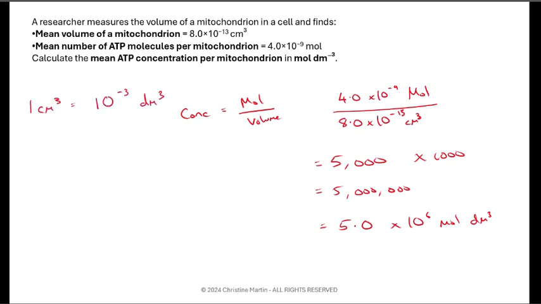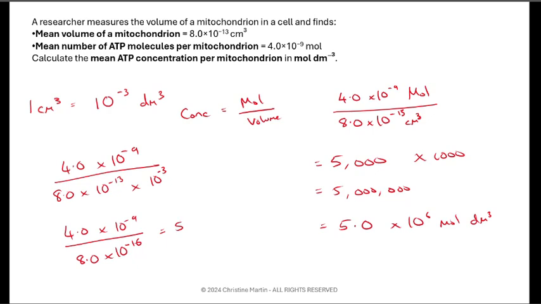Now let's just remind ourselves, 1 centimeter cubed is 10 to the minus 3 decimeters cubed. So if I bring that into my equation, this time I can do the 4.0 times 10 to the minus 9 divided by my 8.0 times 10 to the minus 13 times my 10 to the minus 3.